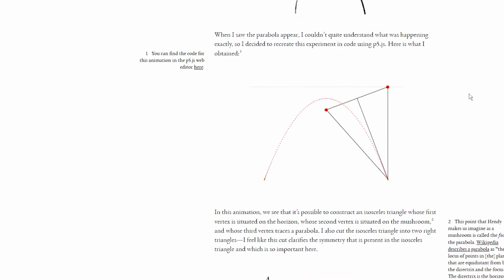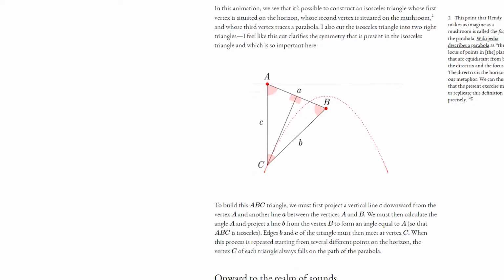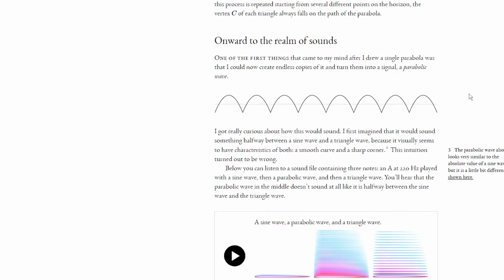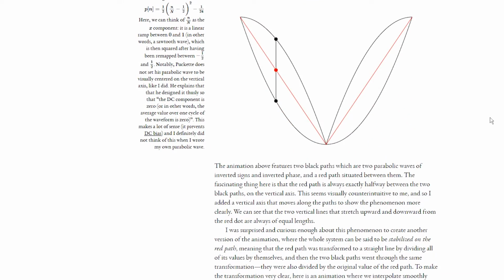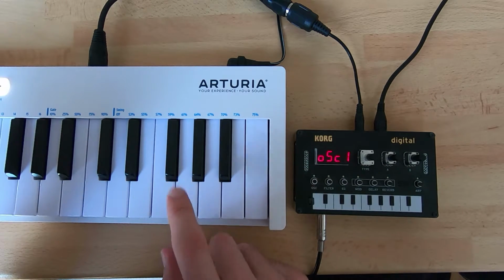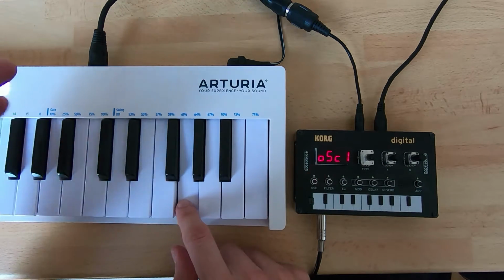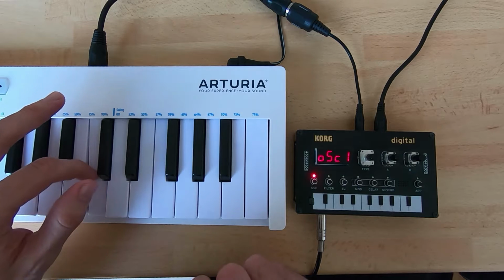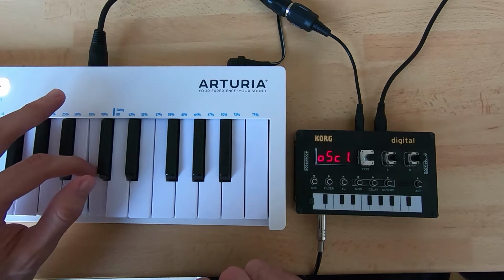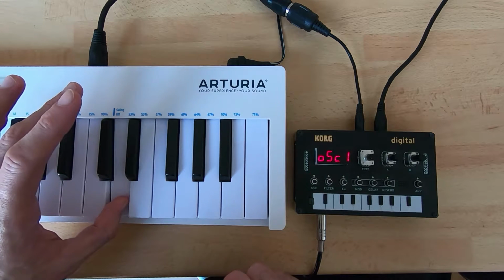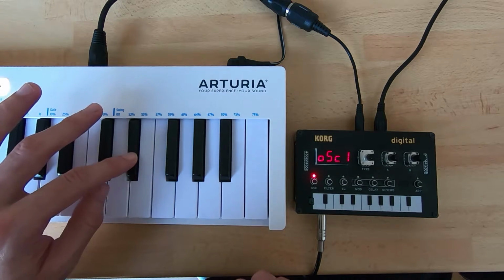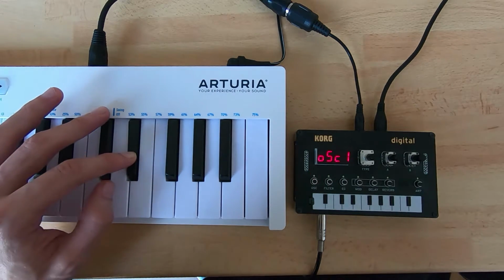It's very interesting. And he's talking about the difference between a parabolic wave, which looks like that, and a triangle wave. Okay, so this is how a parabolic wave sounds. Interesting, isn't it? It's very triangle-y. It has a bit more harshness to it.